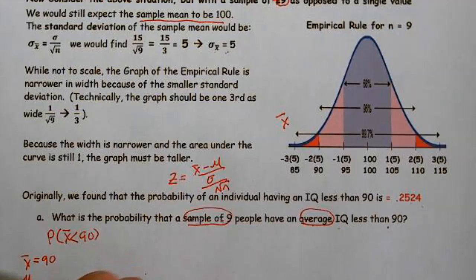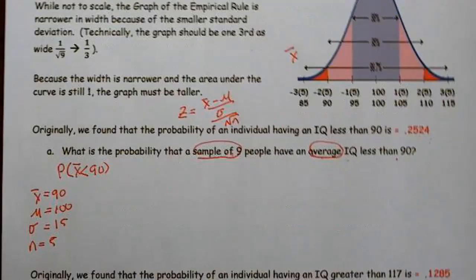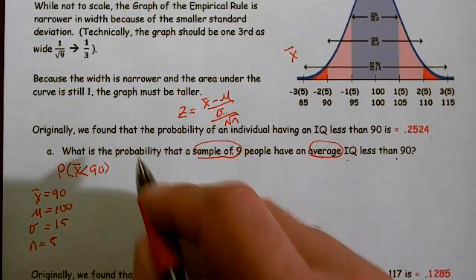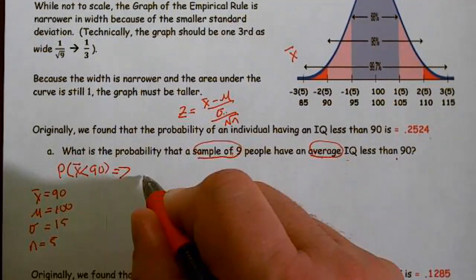We know that the population mean is 100. We know the population standard deviation happens to be 15. And our sample size is 9. And I don't have that on the screen.